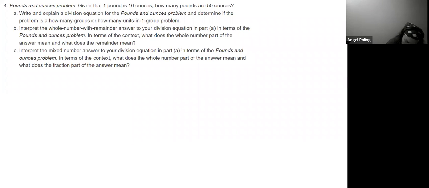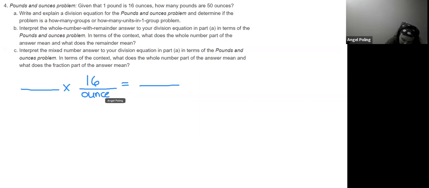Okay, so we use our definition of multiplication as a guide to help us answer and set up our division. We are told that we have 16 ounces per pound. We are also told that we have 50 ounces.